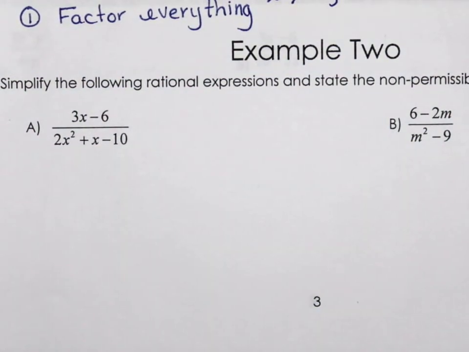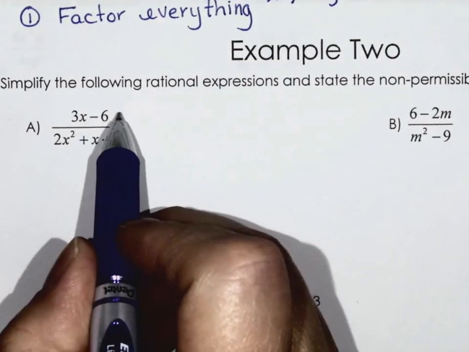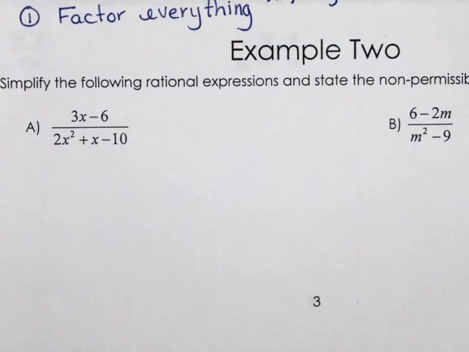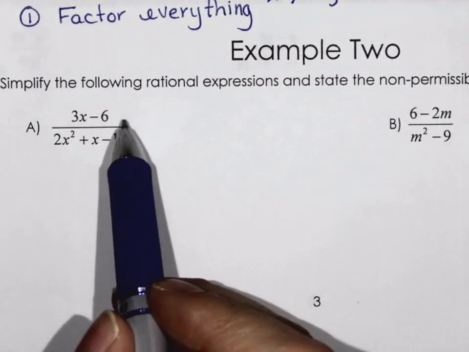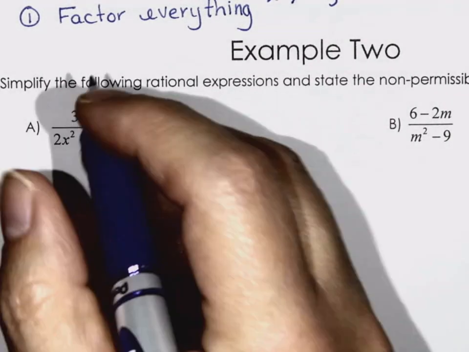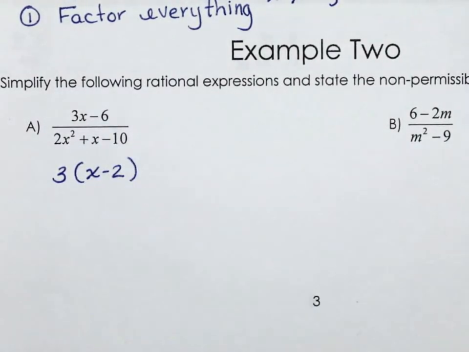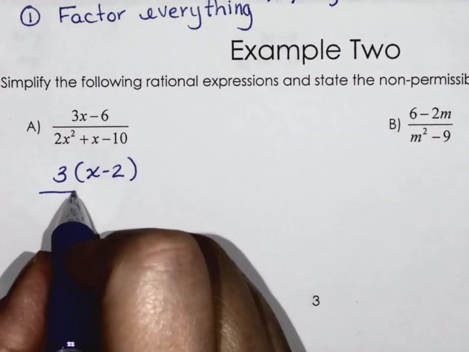So that's both top and bottom, both numerator and denominator. In the numerator, nice and easy, it's not a squared, so I'm not going to have 2 binomials as an answer. What can I common factor out of here? A 3. So I have 3 on the outside and then x minus 2 for my numerator.